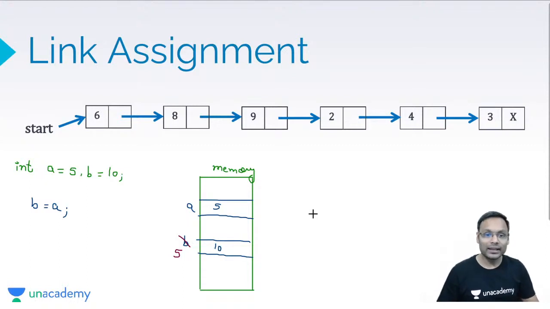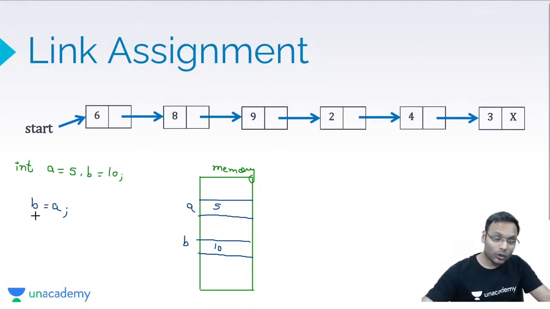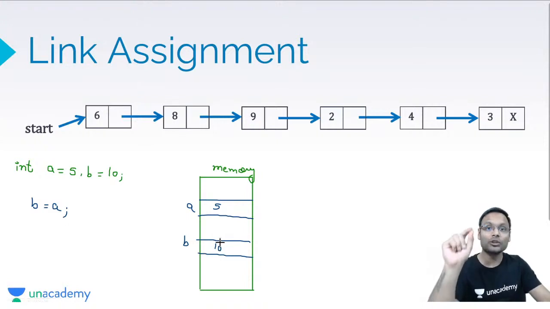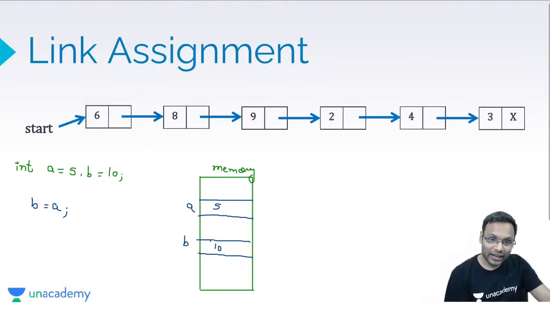No. Why? The thing is, I will have to go to the location of B. Location of B, whatever the value present on the location of B, that I will have to update by what? Value of A. Value of A is 5.